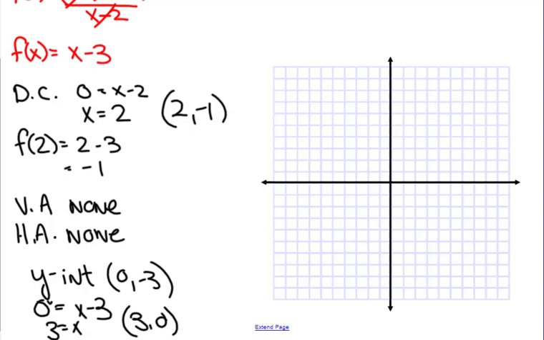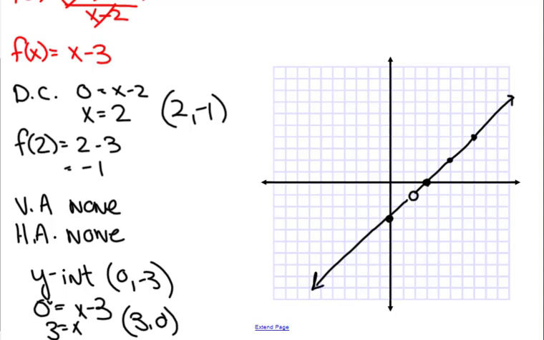And if we wanted our domain, so if I was to look at this graph, so things we have, we've got a hole at 2, negative 1. We've got an x-intercept at 3, and we've got a y-intercept at negative 3. We've also got a slope of 1, so if I wanted to graph more points, I could. So we'd put our line through there using our ruler, we'd stop at our hole, and then we would continue all the way along on our graph.